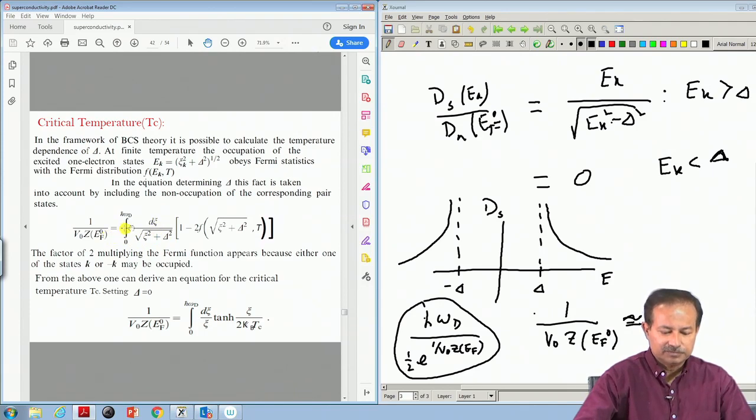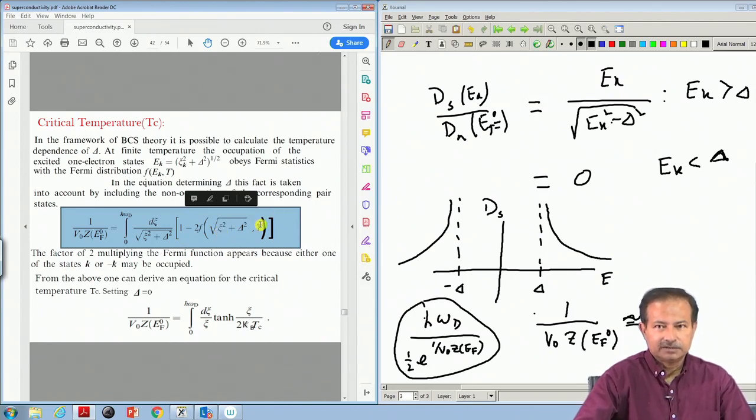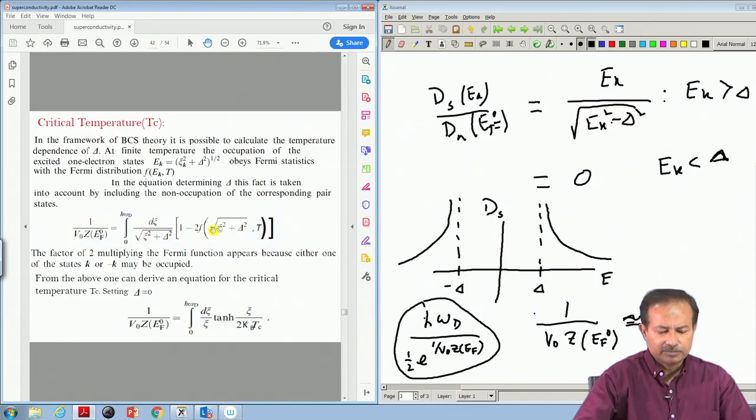The only extra piece at finite temperature is this 1 minus 2 f of E at a temperature T, that is all. So, temperature enters in this integrand through the Fermi function, and that one has to remember. Now, this part, 1 minus 2 f of E, can be written down as a tan hyperbolic quantity, and then again you do the integral.